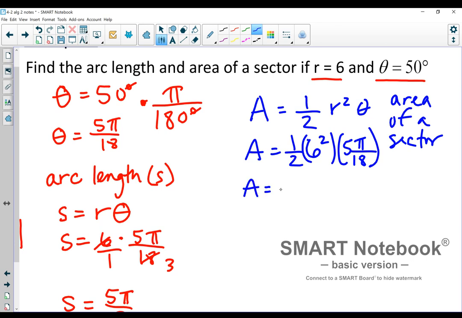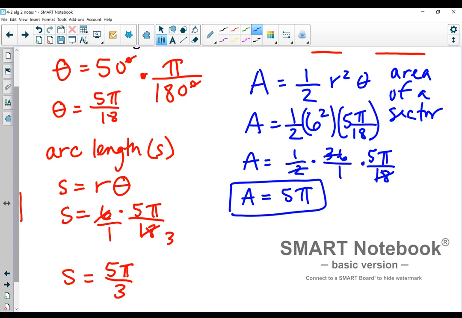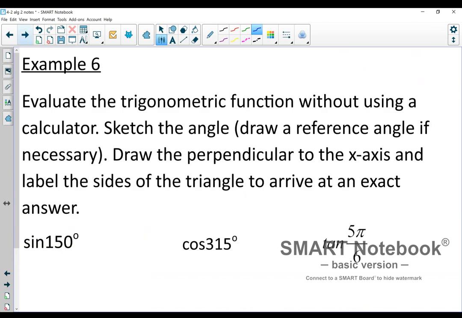So this is 1/2 times 36 over 1 times 5 pi over 18. 36 divided by 2 is 18, but then there's also an 18 here, so we just end up with an area of 5 pi. So our area is 5 pi units squared, and my arc length is 5 pi over 3.